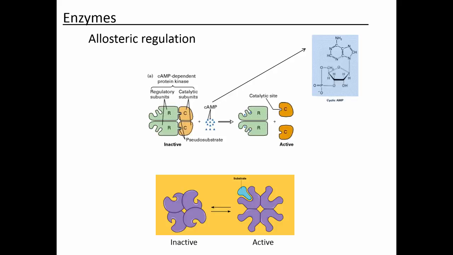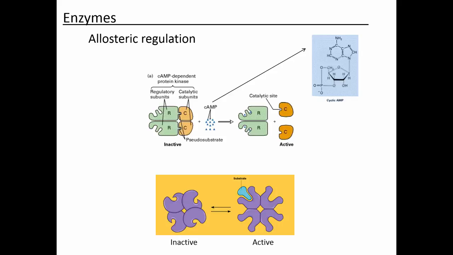And so what they're showing you here is that when the regulatory subunits are bound to the catalytic subunits, they're inhibiting the enzyme from catalyzing the reaction. But then if you have the small molecule, cyclic AMP, if it binds to the regulatory subunits, it causes them to release the catalytic subunits, and now the active sites on the catalytic subunits are available and can catalyze the reaction. Okay, so that's an example of positive allosteric regulation.